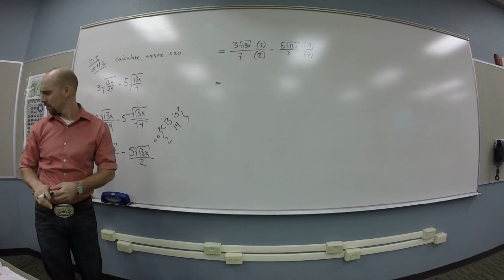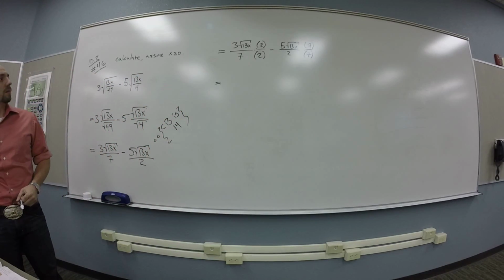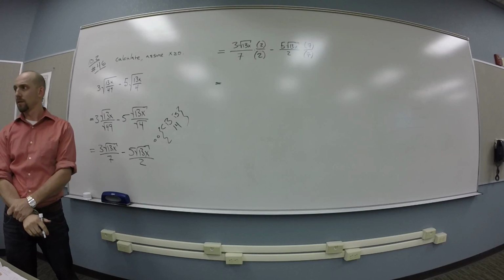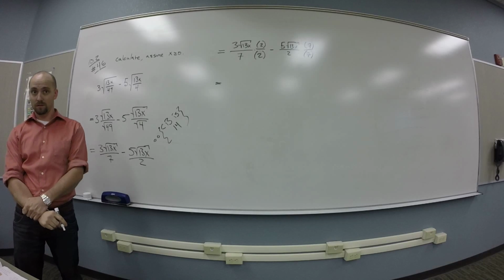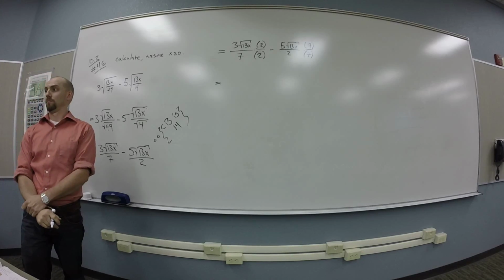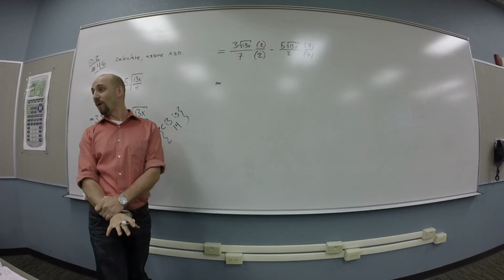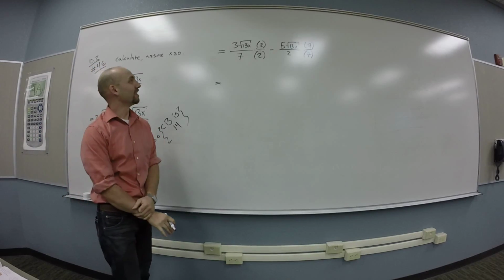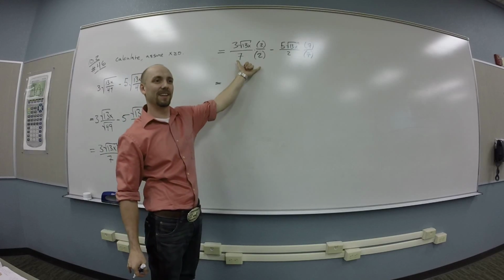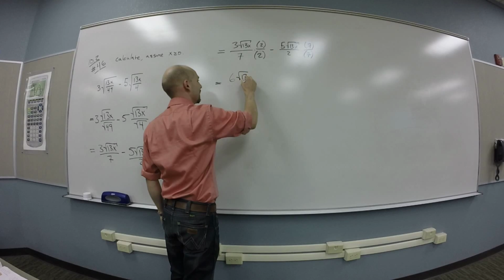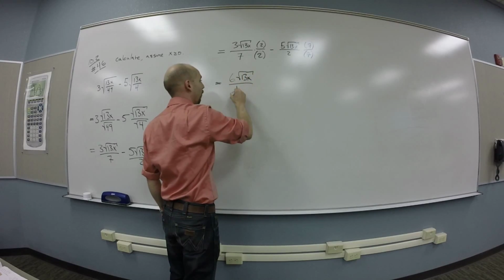Okay, so I get first guy. Okay, bit slower. On this first left term, what do I get? 6 root 13x over 14. 6 root 13x over 14.